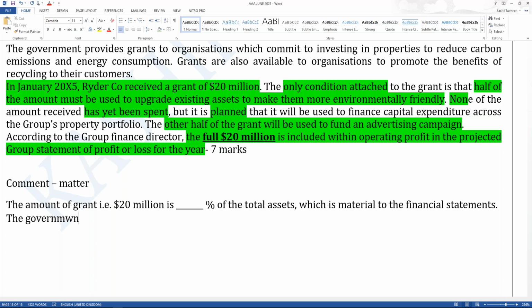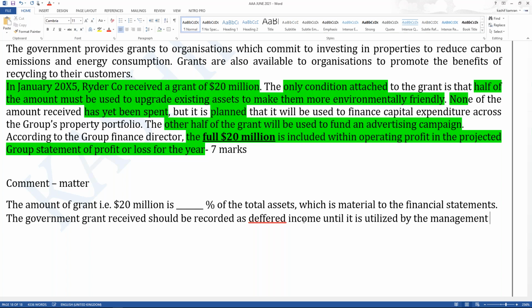After the full stop, you get to the next. The government grant received should be recorded as deferred income until it is utilized by the management, when it can be recognized as income.